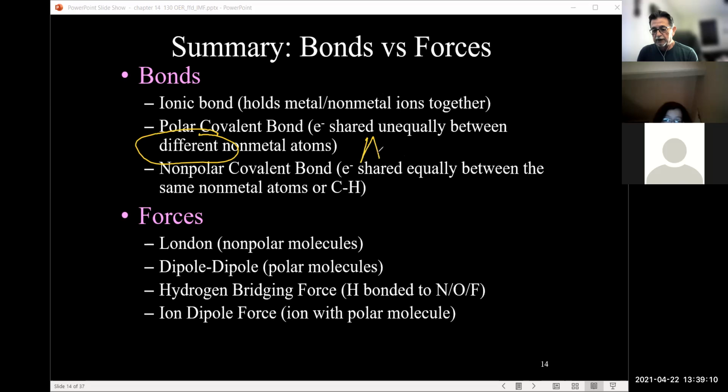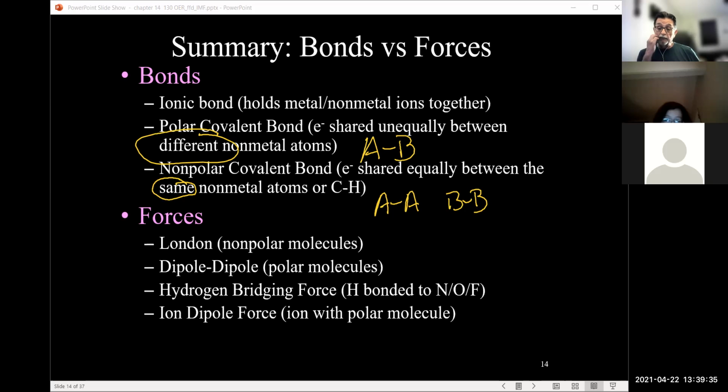And so in that case, it would be like an example of A plus bonded to B. And because of the different atoms, they have a different electronegativity. So therefore, we're going to have a polar bond, compared to nonpolar bonds where they have the same nonmetals, which could be A and A, or it could be B and B, okay?